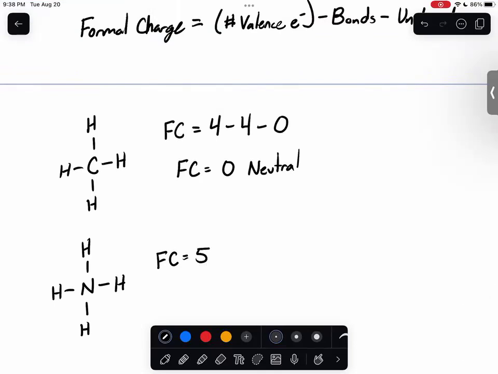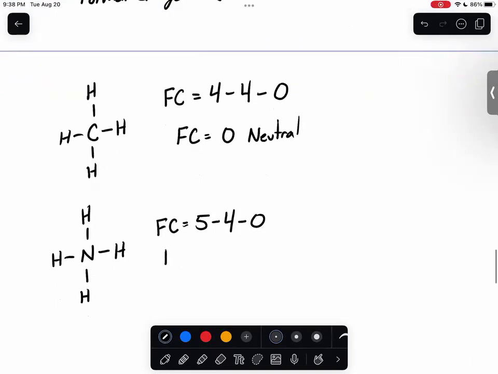The number of bonds, here we see that there are 4 bonds to the nitrogen. And then there are no unpaired electrons on the nitrogen, right? It already has an octet here. So our formal charge in this case, 5 minus 4 is equal to 1. And now that 1 is a positive number, right? It is technically a positive 1.